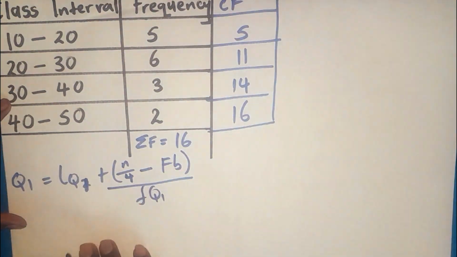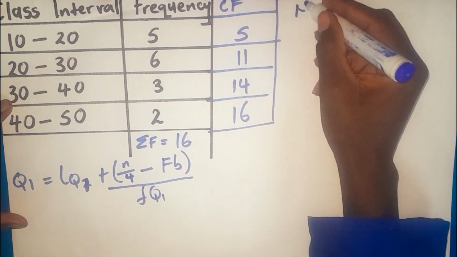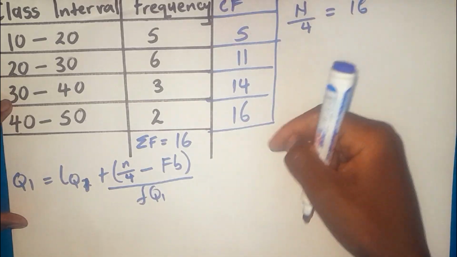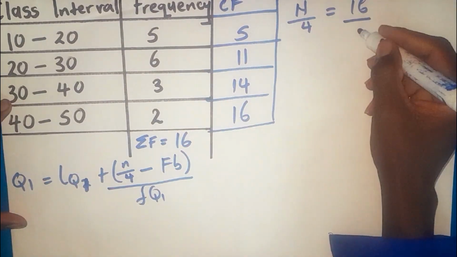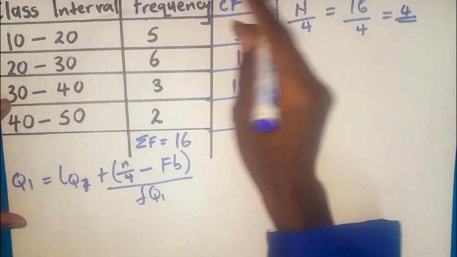Now we need to find where we are going to locate our first quartile class. n over 4, where n is 16, so 16 divided by 4 gives us 4. Therefore, our first quartile class we are going to locate in this first class.